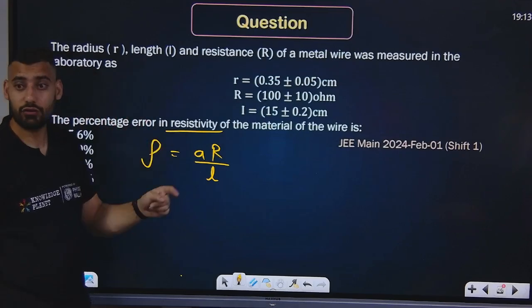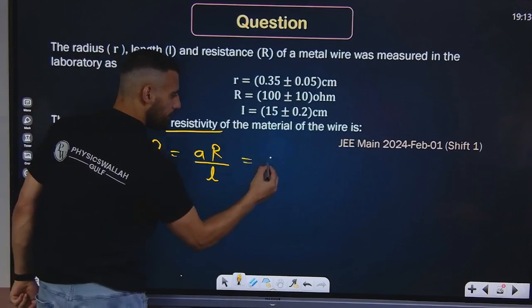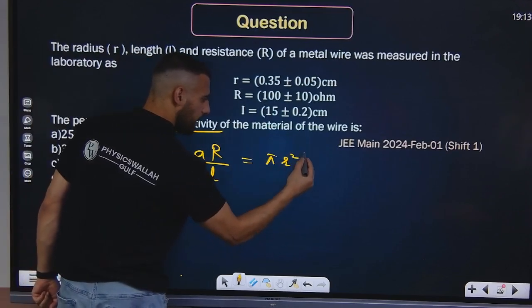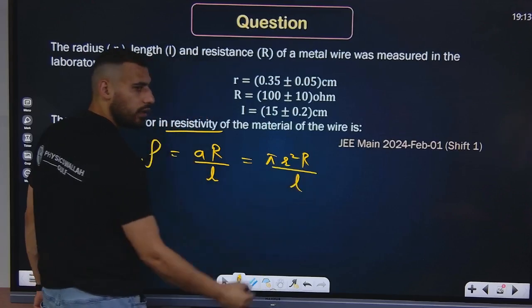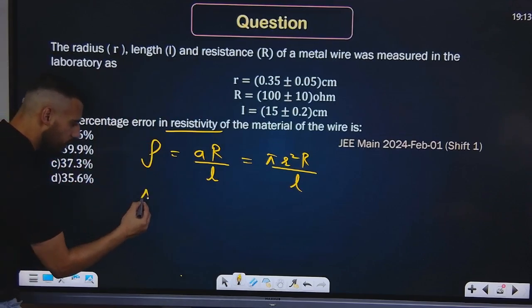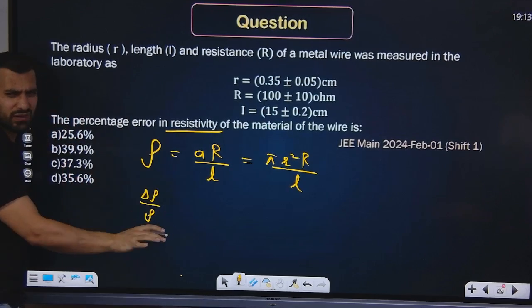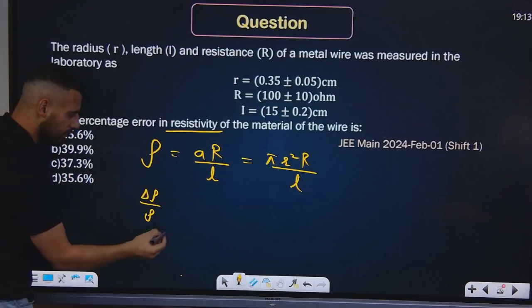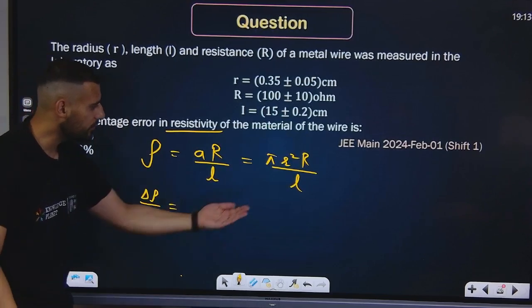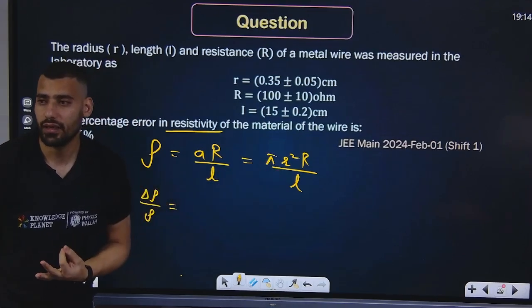Area has to be changed in terms of r. So I write rho equals pi r square R by L. If someone asks what is the percentage relative error in rho, is that equal to delta rho by rho? Percentage means multiplied by 100. So let us find relative first. What is the equation? First is pi. Do we have any error in pi? No.